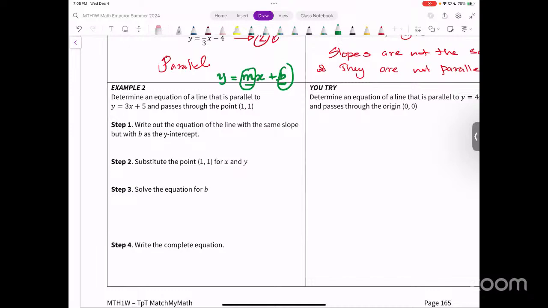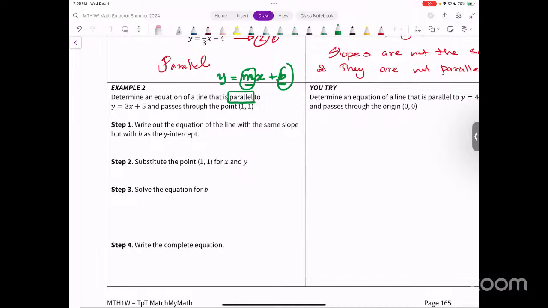In this type of question, we are talking about 2 lines that are parallel. What do you know about the slopes of 2 lines that are parallel? What do you know about 2 lines if they are parallel? I don't get the question you're asking.